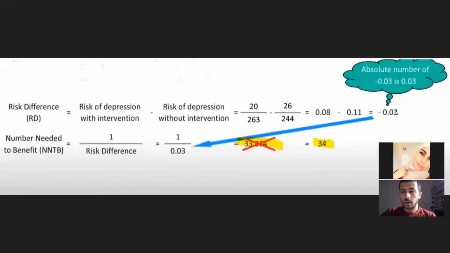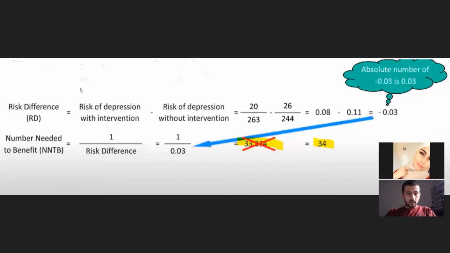So out of 100, I rescued 3. Do you agree? The risk difference between two groups. Okay, here I have 8%, and here I have 11%.